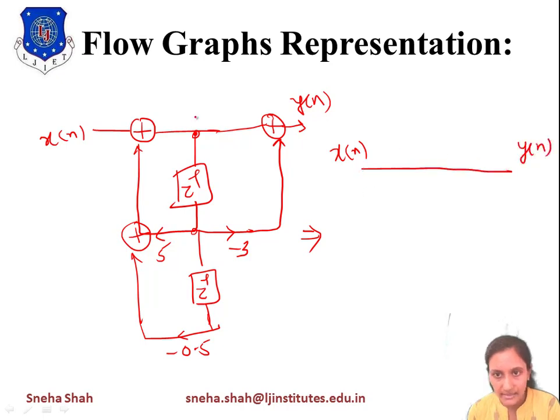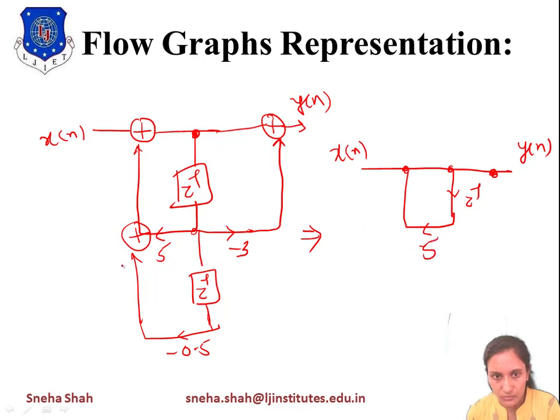The summing points are represented by nodes. There are two summing points, so we represent them as two nodes. From here z inverse will be represented like this, z inverse. Over here the value is 5, so it will be represented as it is.